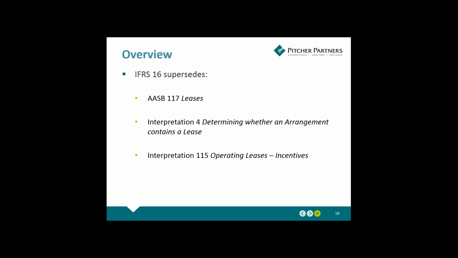Then Interpretation 115, or the related IFRIC, which is SIC 15, is included in IFRS 16, and also Interpretation 1 to 7. So all four of those documents are now embedded into IFRS 16.